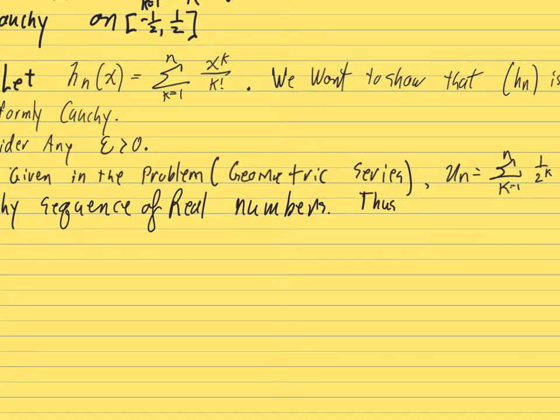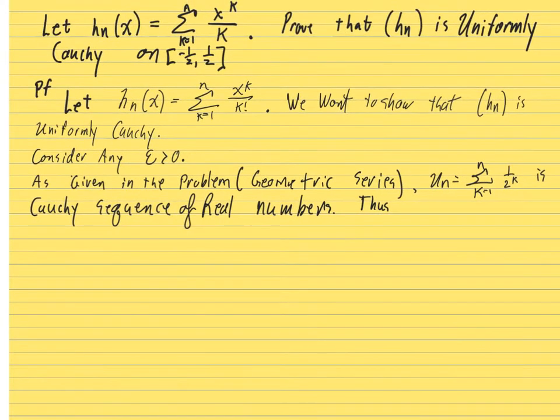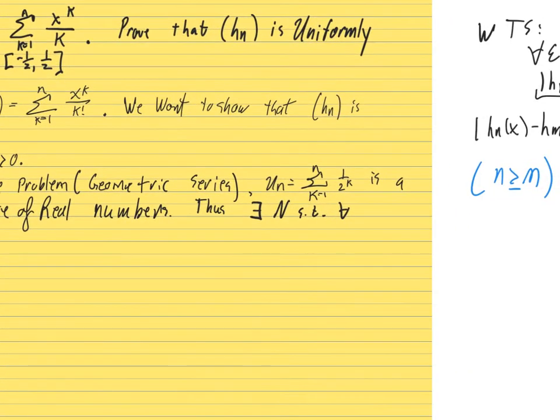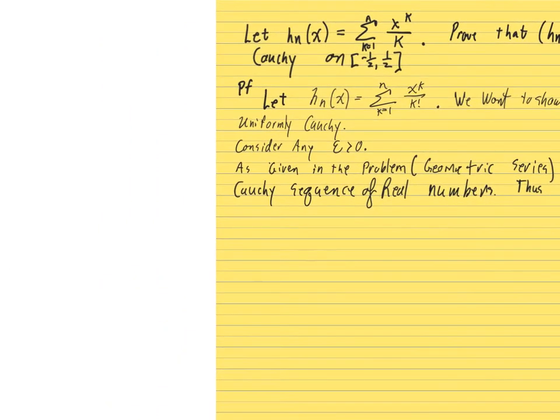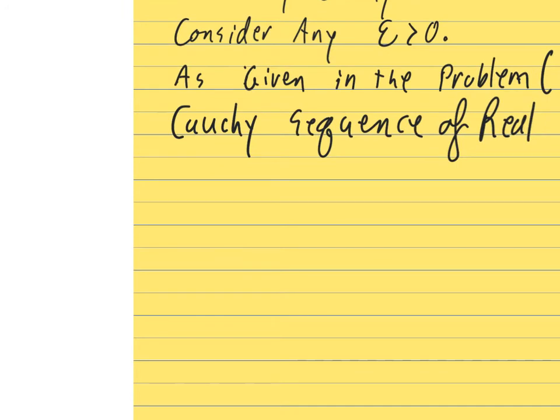Thus, let's see, I've already picked my choice of epsilon, right? There's the epsilon. My goal is to come up with my choice of big N. Thus, there exists a choice of big N such that for all m and n bigger than big N, the absolute value of u sub n minus u sub m is less than epsilon.